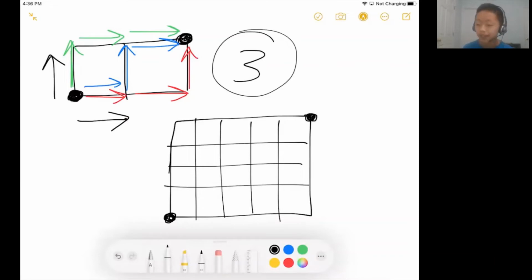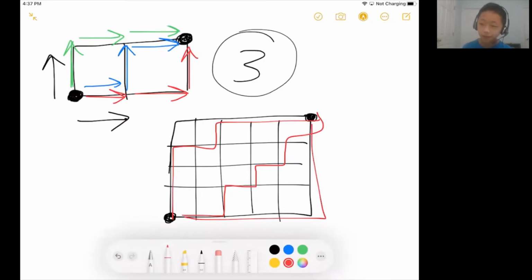There are way too many possibilities. There'll be way too many possible paths to count by hand. So that's why we're going to talk about some strategies on how we can organize our counting.